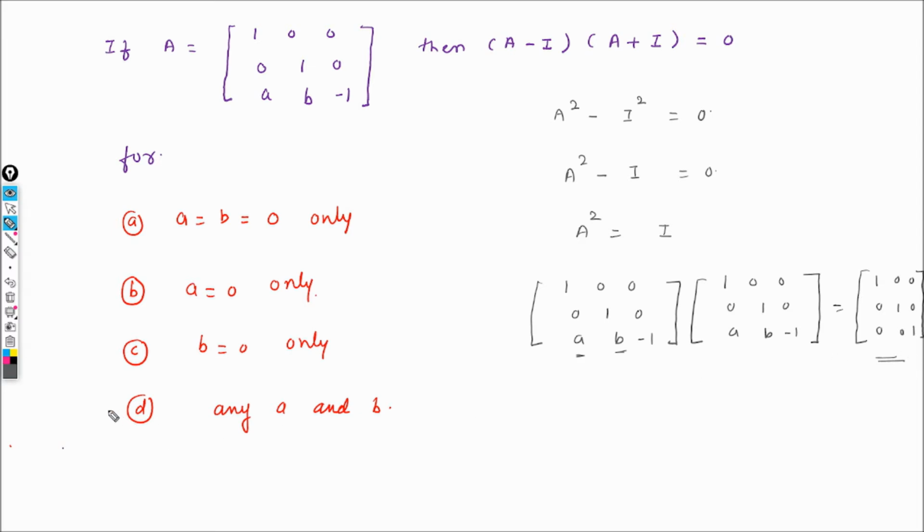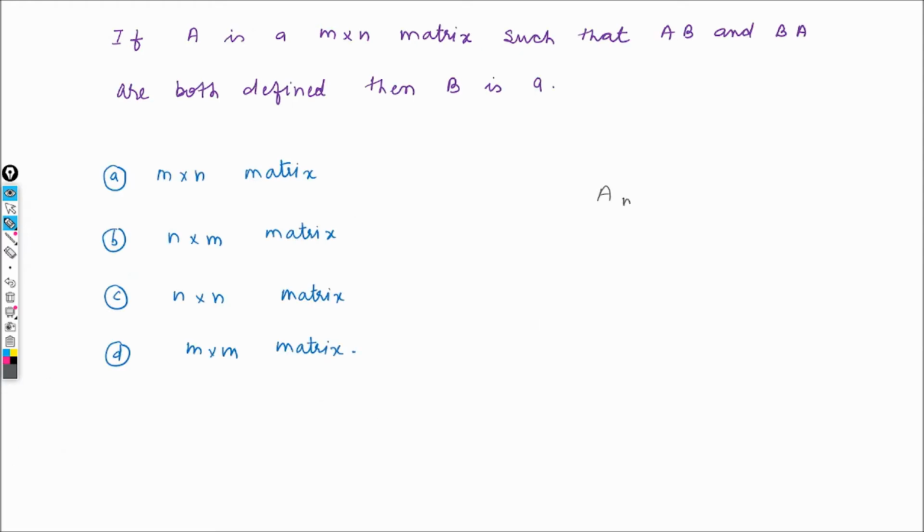So therefore our answer will be any a and b. A is an m by n matrix, it is given. And B will be n by p here. So the number of columns of matrix A must be equal to the number of rows of matrix B. So therefore what we can say is that AB will be an m by p matrix.